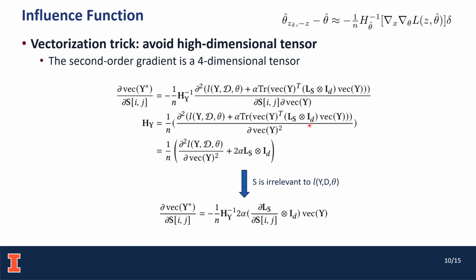And the theta that we consider in our case is the vectorized y here. So this is the formula of applying the influence function to our case. And the Hessian matrix is the second order gradient of the loss function as well, with respect to the vectorized parameters, which is the vectorized y here. We can further simplify the Hessian matrix into the following form, which is simpler.